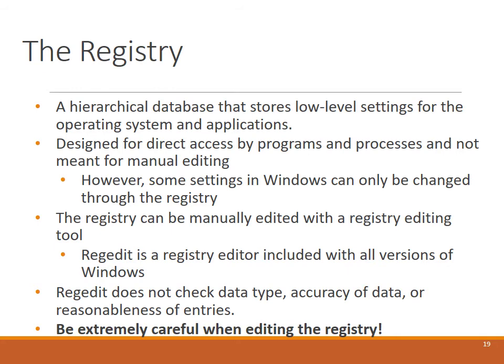So again, the registry can be manually edited with a registry editing tool. The tool in Windows is called regedit, R-E-G-E-D-I-T, and it's included with all versions of Windows. One really important thing to note about regedit is that it does not check data type, accuracy of data, or reasonableness of entry.